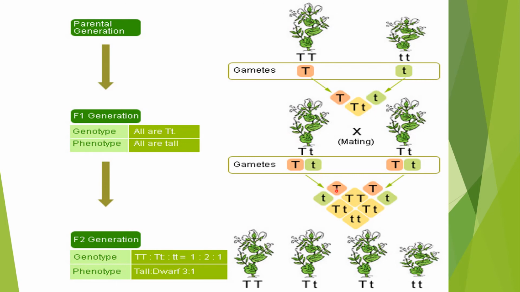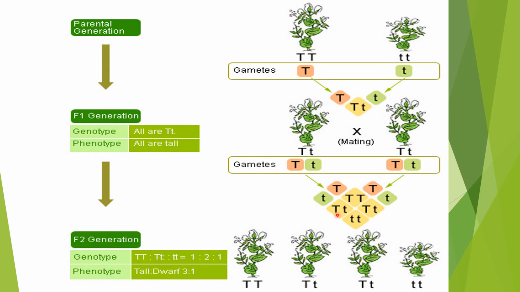So when a cross is made or when fertilization occurs, there are four possibilities. Capital T combining with capital T. This is the outcome. Capital T combining with small t. This is the outcome. Small t combining with capital T. This is the outcome.